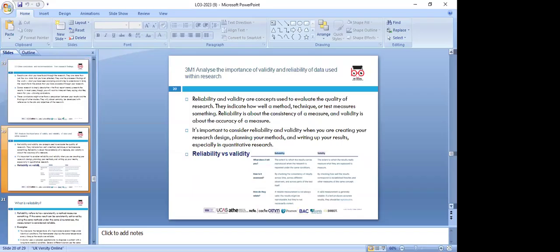Your research, as I've explained severally, should be very reliable and it should be valid. Reliable in the sense that when people pick your research, it should be able to solve issues. And it needs to be validated. Reliability means consistency. Validity means accuracy.